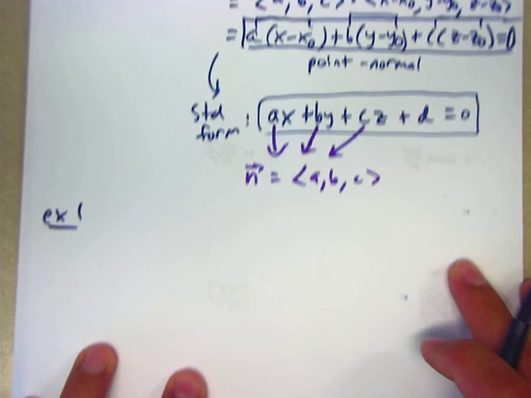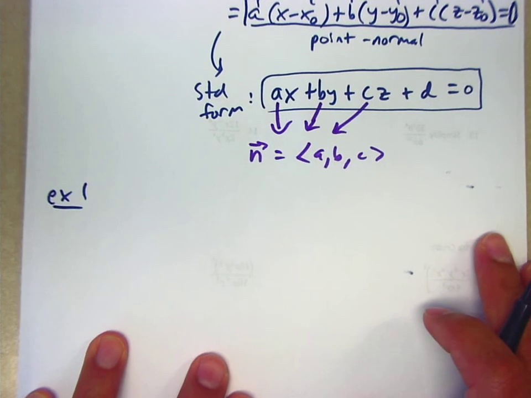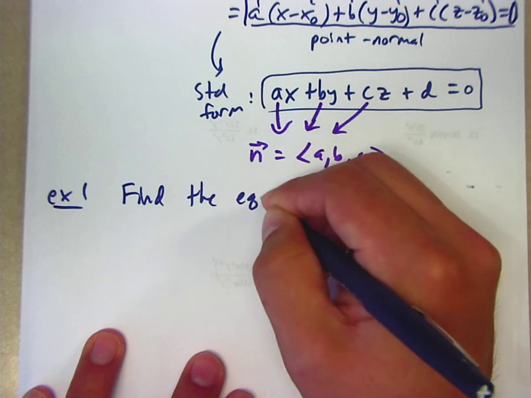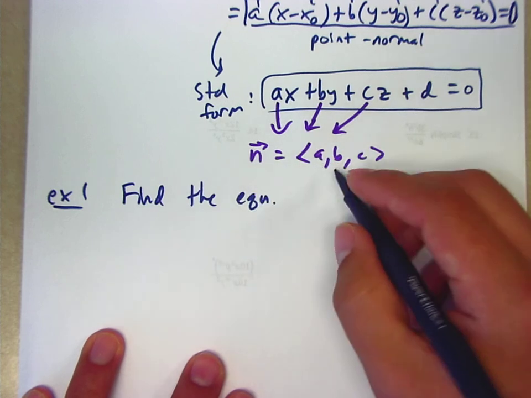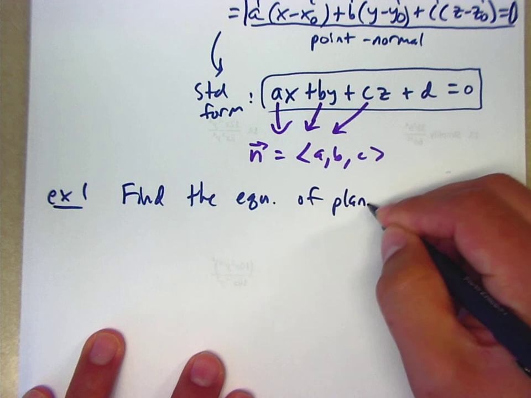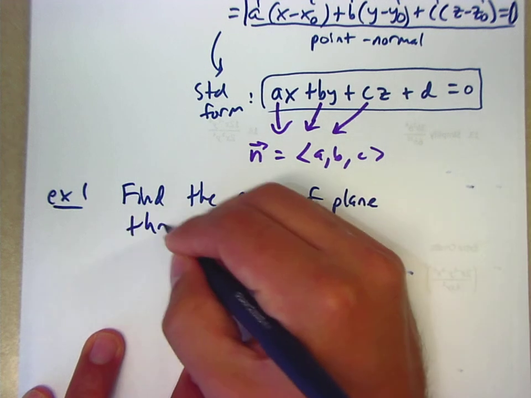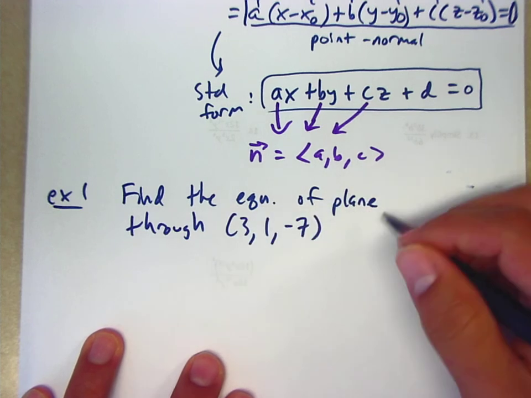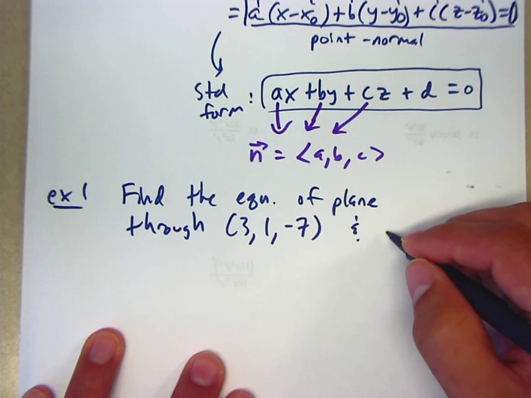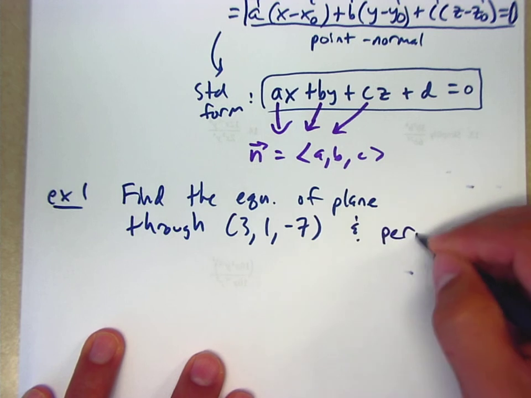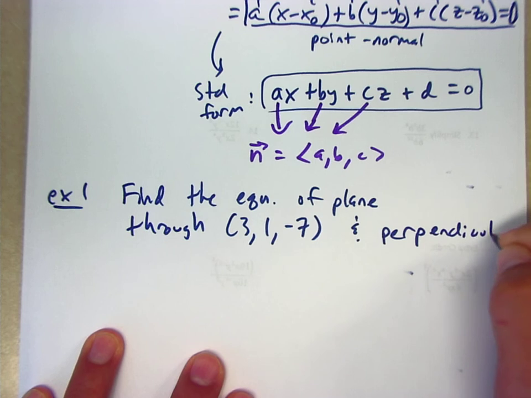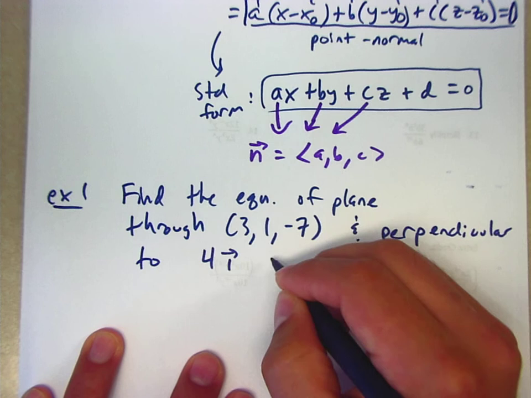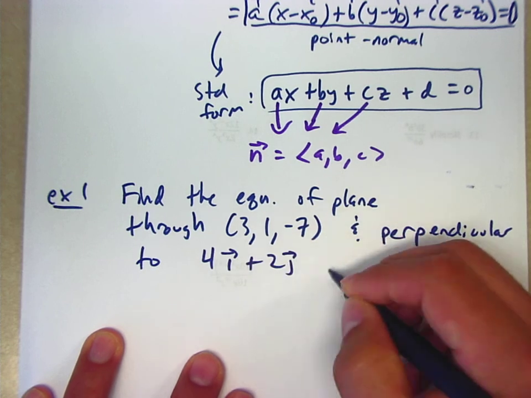All right, so first example, let's say we want to find the equation of the plane through the point 3, 1, negative 7, and perpendicular to the vector 4i plus 2j minus 5k.